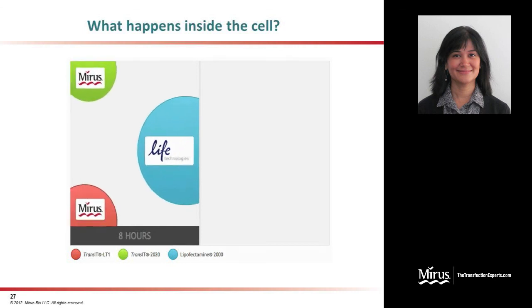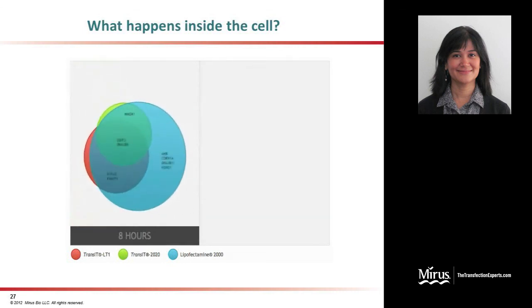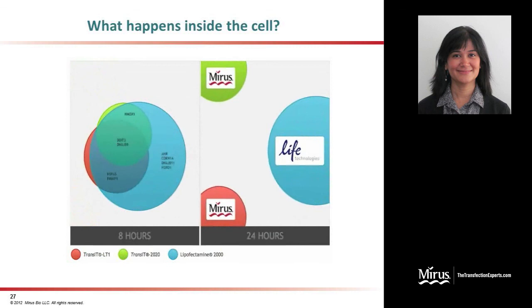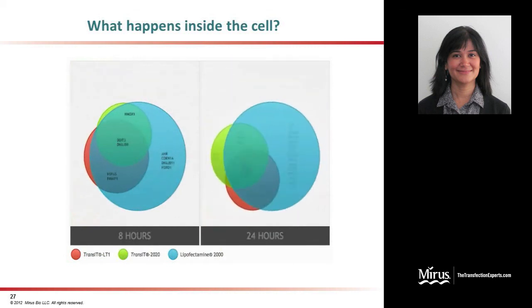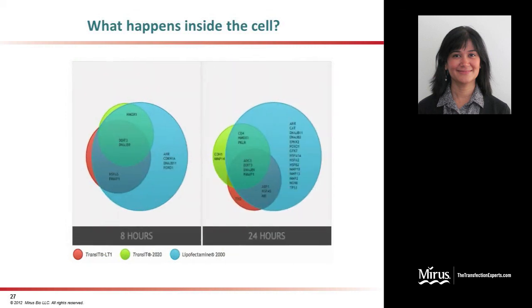You can get a further idea of the magnitude of the gene expression alteration by looking at these results in the form of a Venn diagram. As you can see here, many more genes are upregulated or deregulated with Lipofectamine 2000 at either the 8-hour time point or the 24-hour time point.